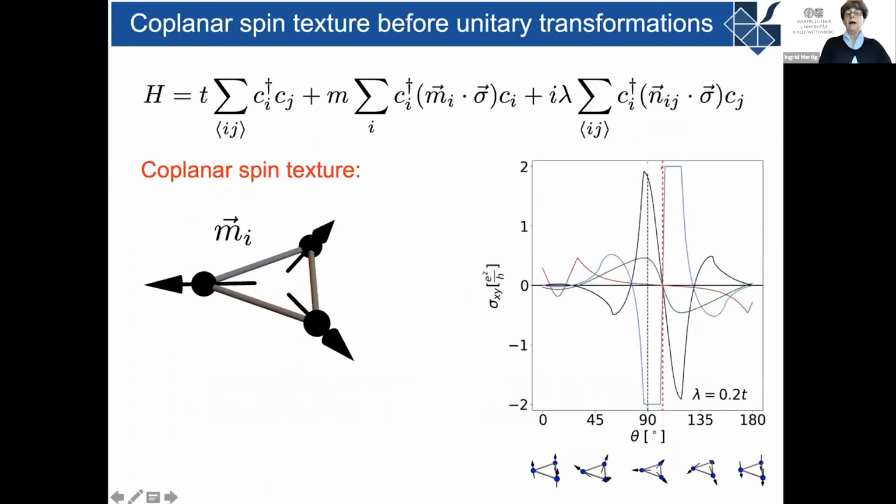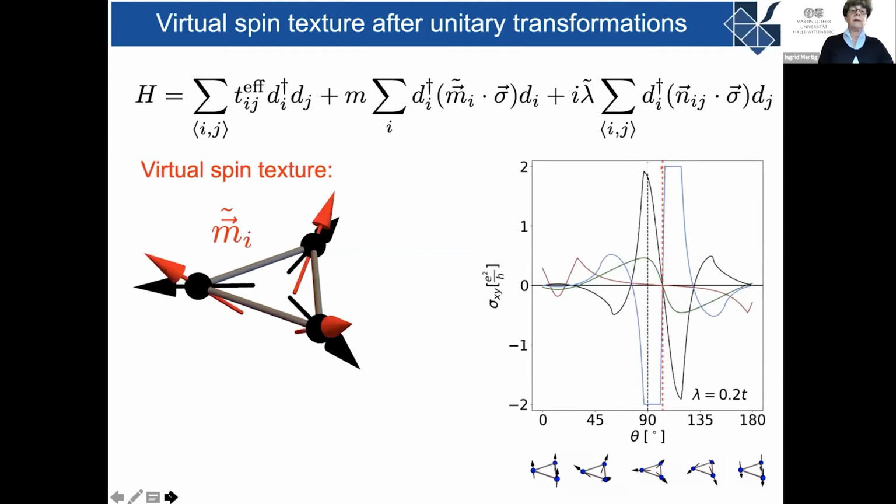So we take our Hamiltonian with this coplanar spin texture. And what we do now, we do unitary transformations to understand why this effect is so large and why this effect is zero here. And after the unitary transformation, I observe the following. The Hamiltonian looks very similar.